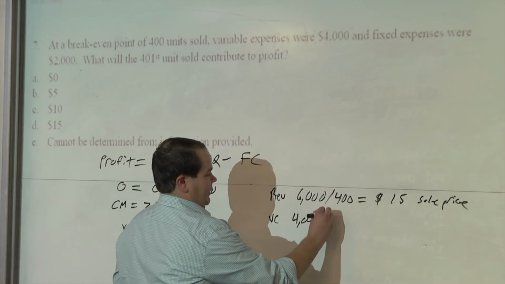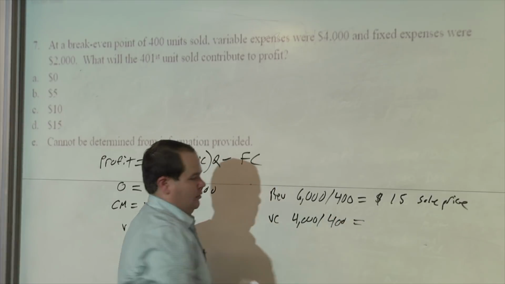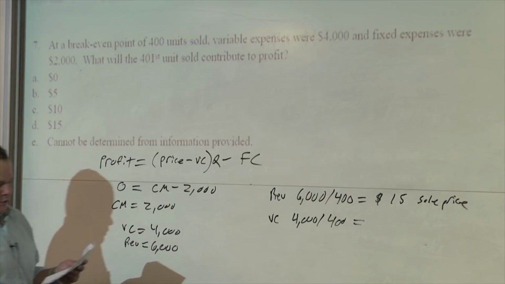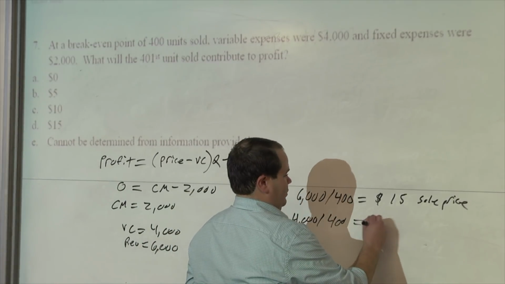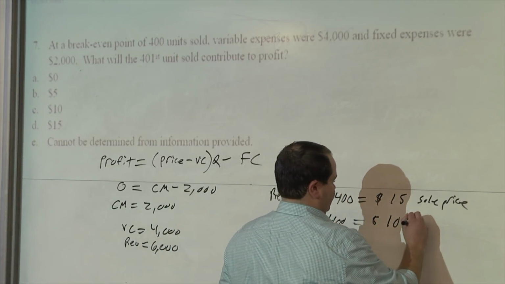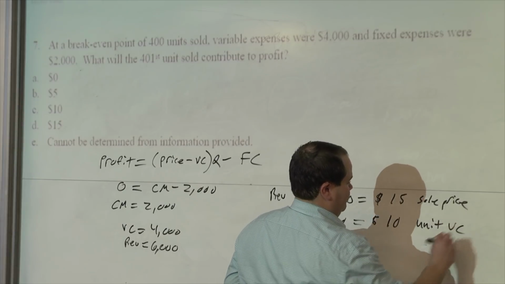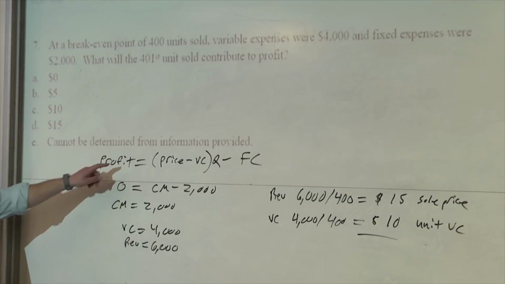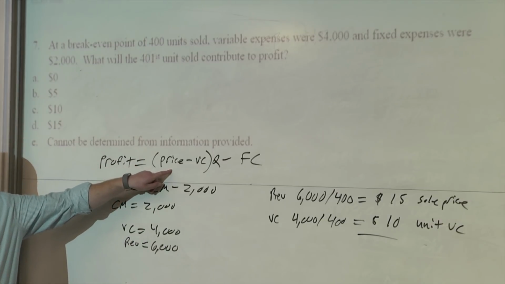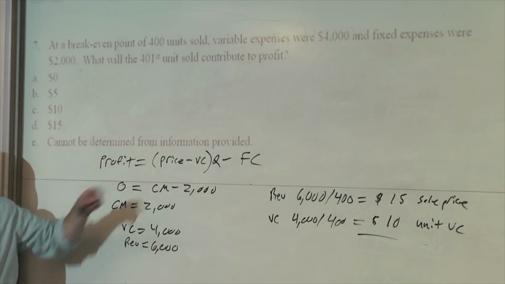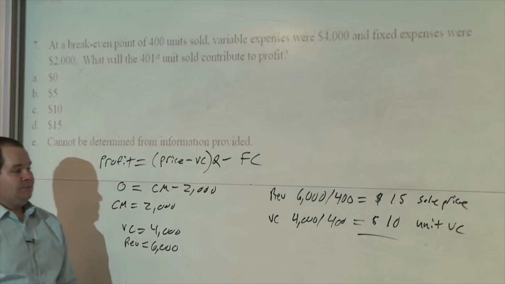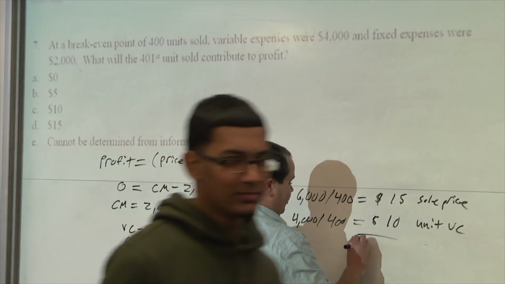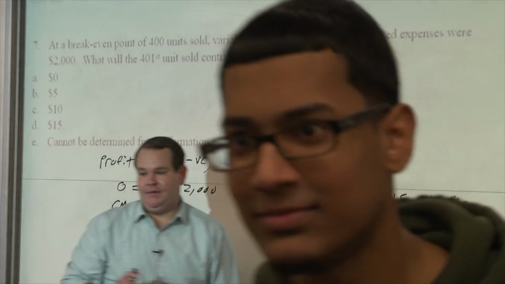And we just divide that again by the 400 units. All right. So if we do that, we get $10 in unit variable costs. And by definition, if we go back up here, this is what we're looking for, what one unit contributes. That's simply sale price minus the per unit variable costs, $5.